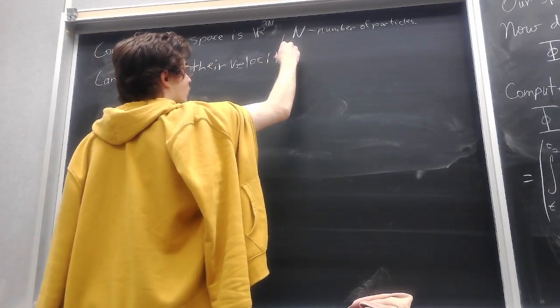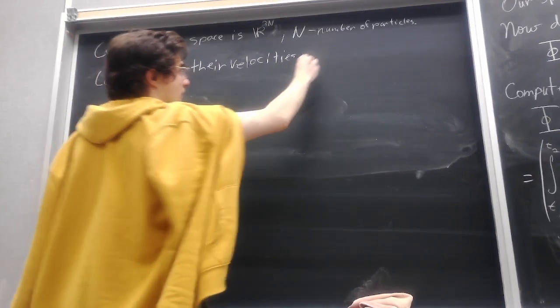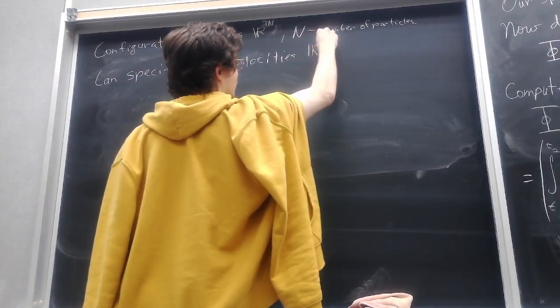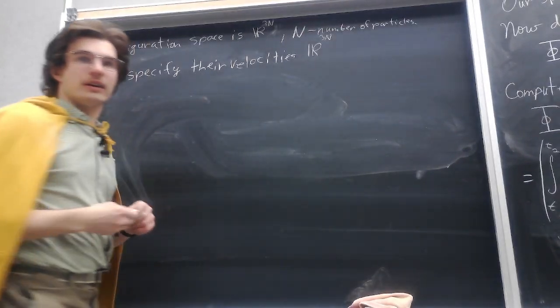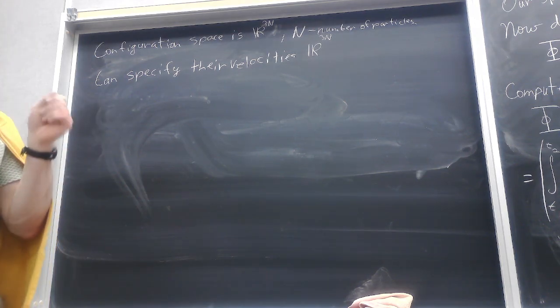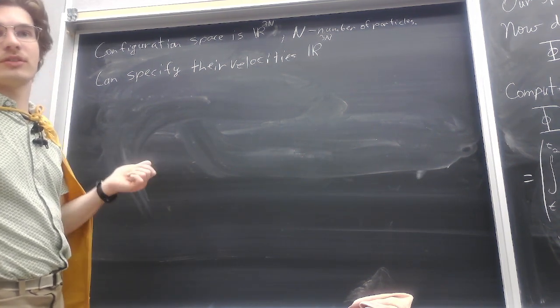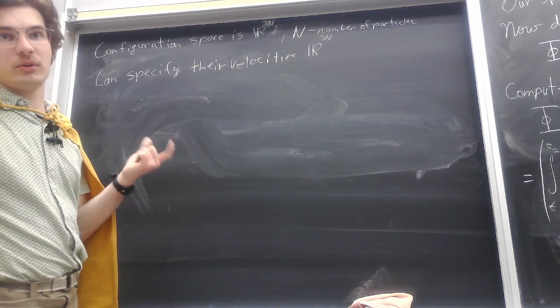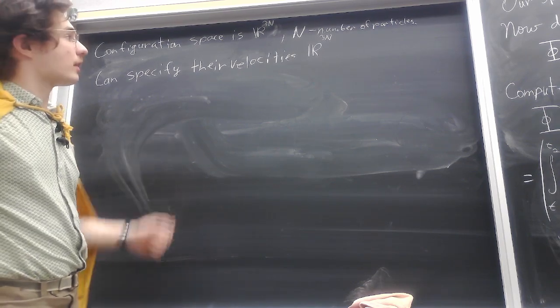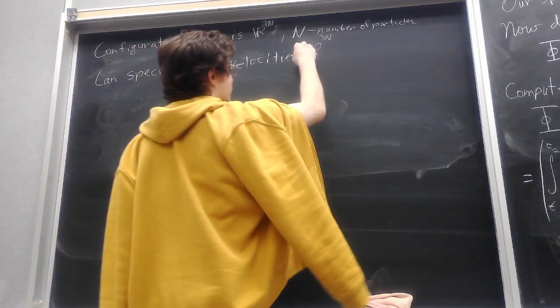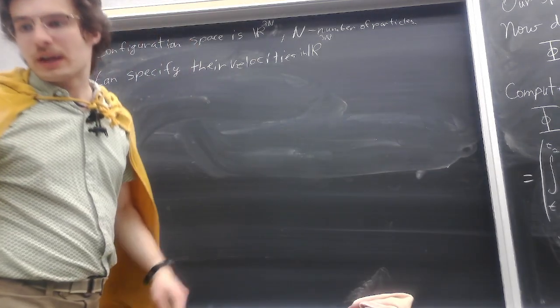This is also some really big vector in R^(3n), right? So I give a velocity to every single particle. There are n particles, so the velocity has 3 components, x, y, z, and that's also in R^n.